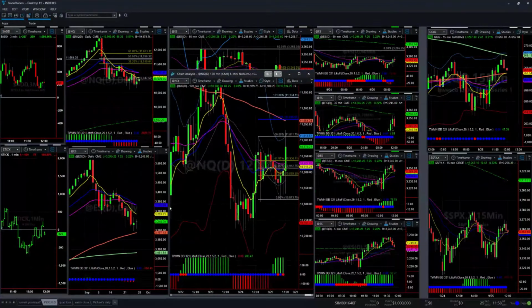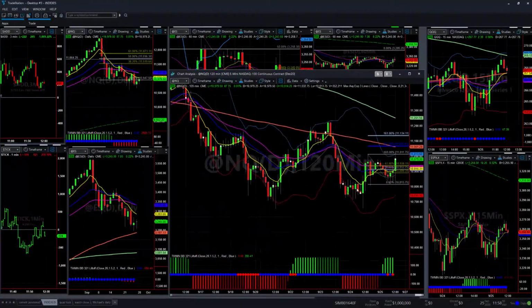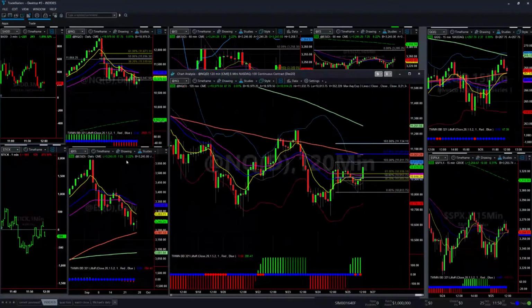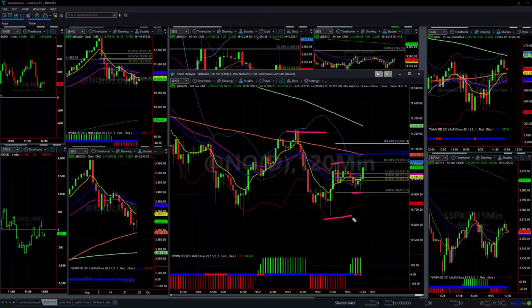So if you look at here, this is a 2-hour chart on the Qs, well, on NQ. And look, I just drew a very quick little prior swing high to swing low just to see what resistance levels we were at. You could draw it from here to here to see where that overlaps.